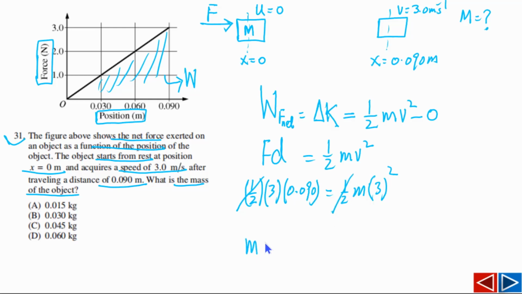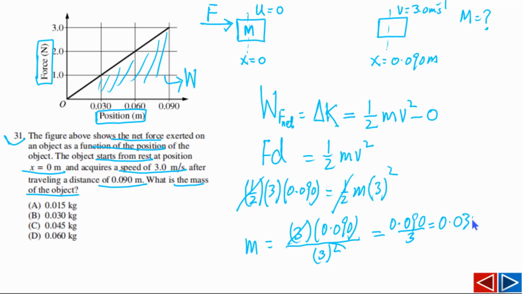Now we need to find m, so we can write 3 times 0.090 divided by 3 squared. We can cancel this 3 with this, so we are left with 0.090 divided by 3. The final answer is 0.030 kg. So this is the mass of the object.